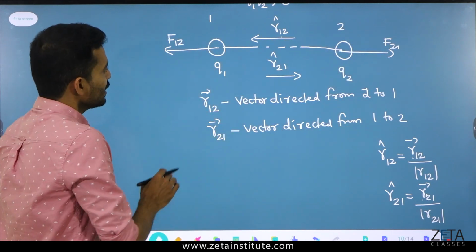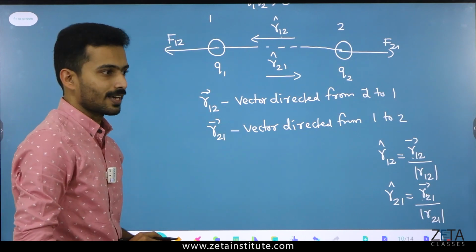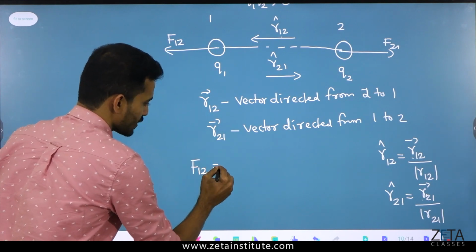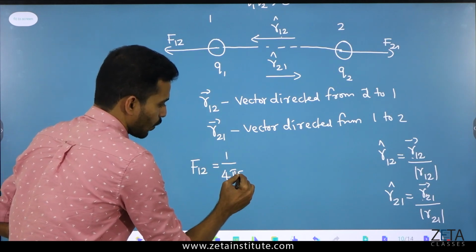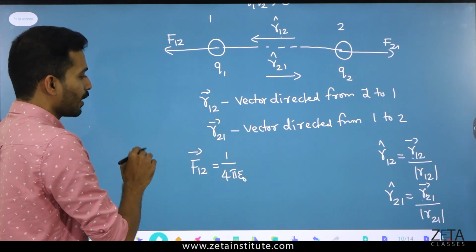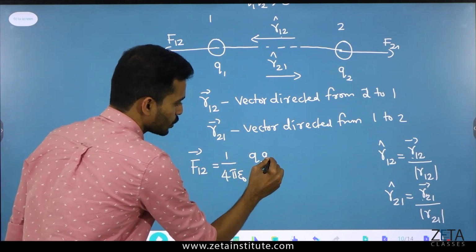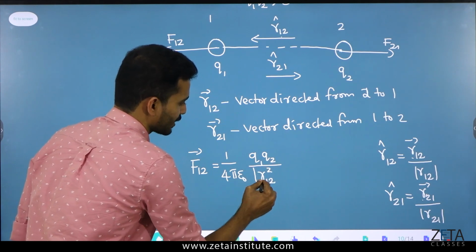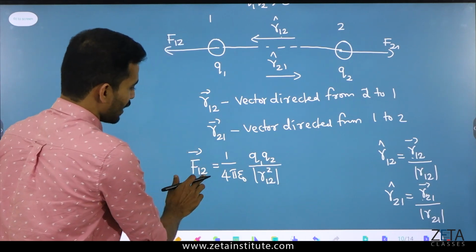Then let us find the force acting on the first charge due to the second charge. F12 is equal to 1 by 4 pi epsilon 0 into Q1 Q2 divided by R12 square, that is the magnitude of the vector squared.